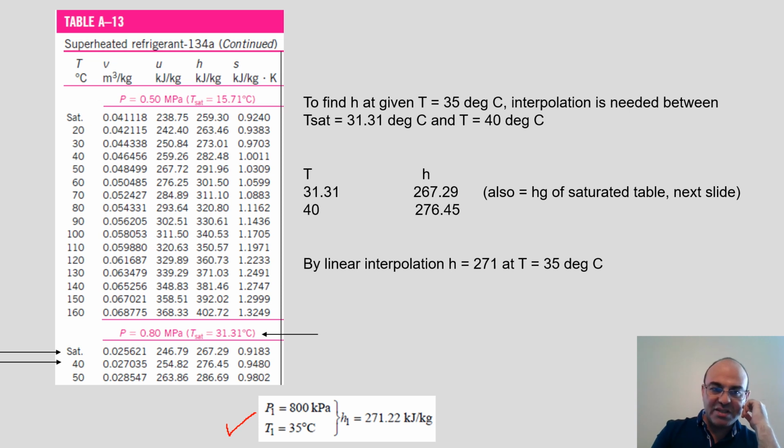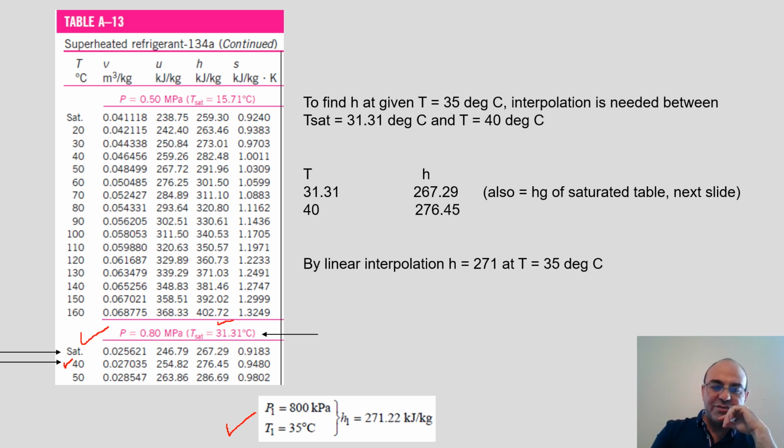You go to the superheated table for refrigerant 134a and look at the pressure of 800 kilopascal. The desired temperature is 35 degrees C. In the table, you have the properties for saturated temperature, which is 31.3, and then the next available data point is 40 degrees C.